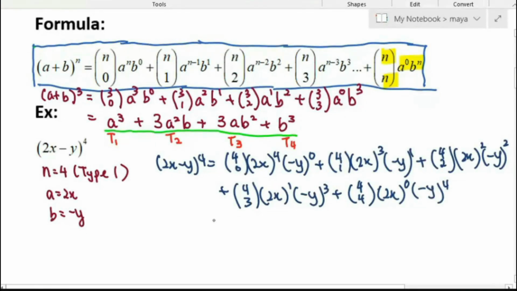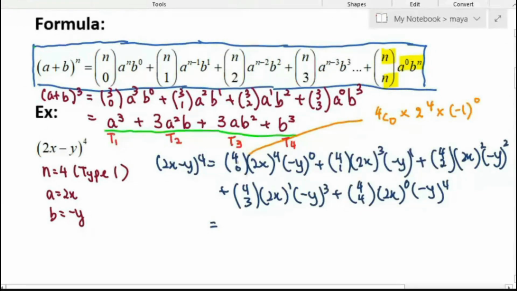So how do we simplify it? So press this one. So when you press this one, you find this is how we simplify the first term. This is 4C0 times 2 to the power of 4, and then this one negative 1 power of 0, this is 1.